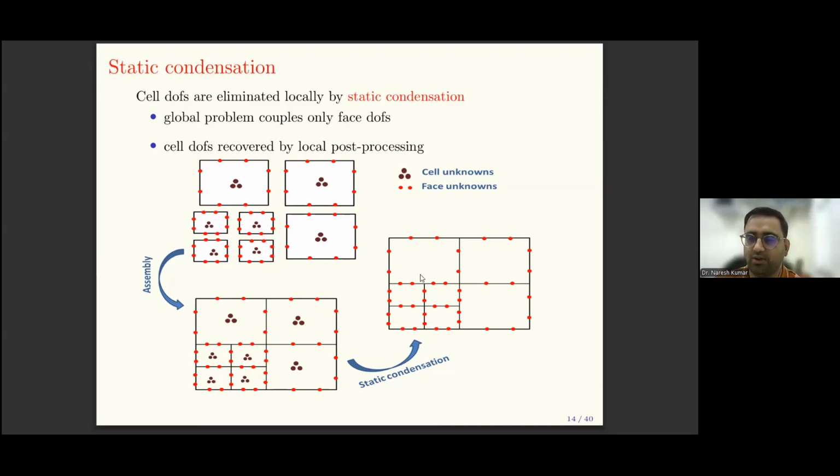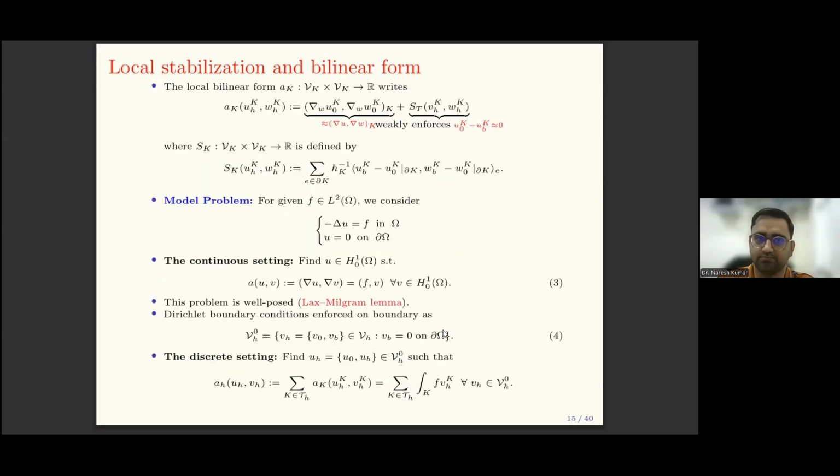So now we work on the red face degrees of freedom, and once we compute the UB, then using the UB, the face degrees of freedom, we can calculate the cell or interior degrees of freedom. So it reduces the computational cost. This is helpful in the computational part basically.